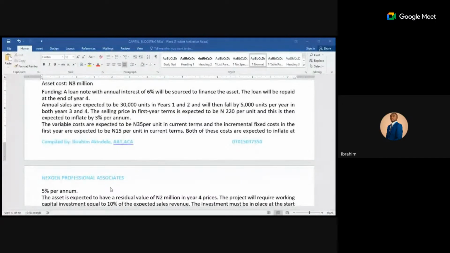They said this is then expected to inflate, after that first year, by 3%. You increase that figure by 3% because the second year is the year you start inflating the variable. It will be raised to power of 1. The formula is 1 plus inflation rate, raised to power of the number.